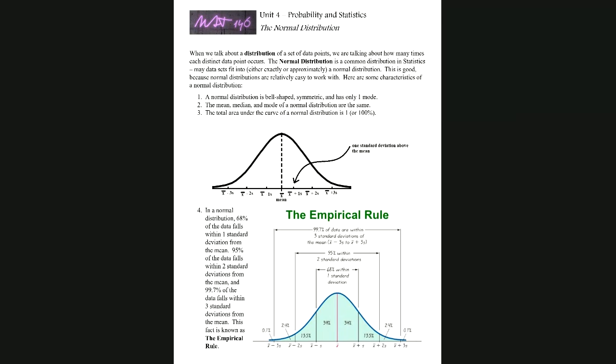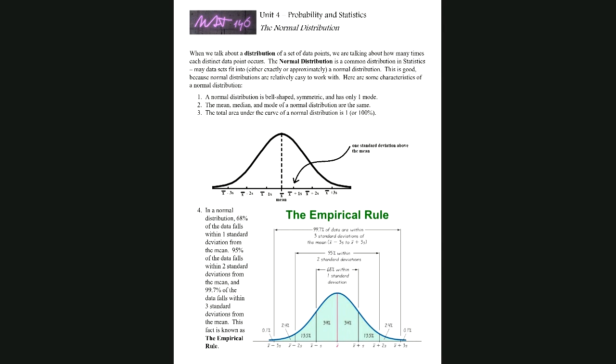A normal distribution is a common distribution in statistics. Many data sets fit either exactly or approximately a normal distribution. This is good because normal distributions are relatively easy to work with. Some characteristics of the normal distribution are it's bell-shaped, symmetric, and only has one mode. In fact, the mean, median, and mode of a normal distribution are the same.